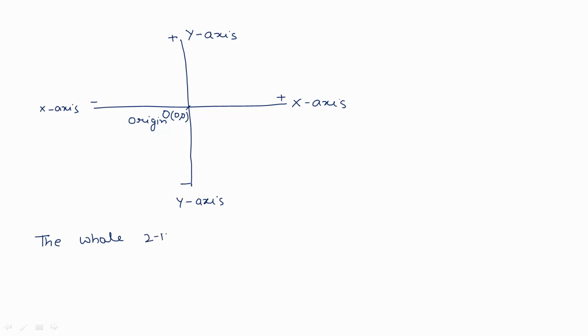The whole 2D plane is divided into 4 quadrants, like this is your first quadrant, this is your second quadrant, this is your third quadrant, and this is your fourth quadrant.